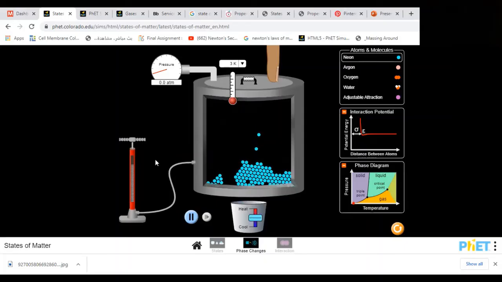Let's investigate Boyle's law, which relates what and what? Volume and pressure. Okay, let's make this one liquid or gas so we can see the effect of pressure. Let's see, he wanted to see between volume and pressure.